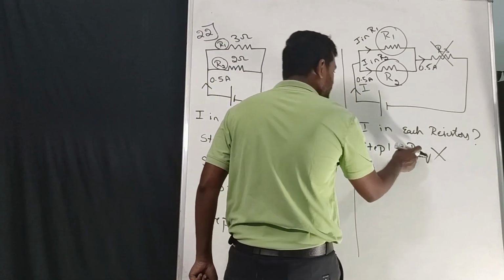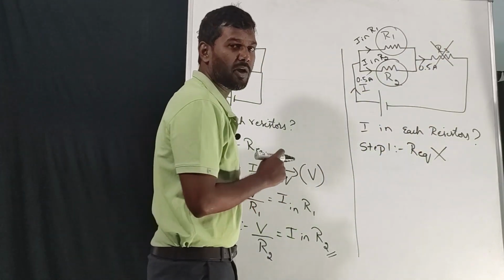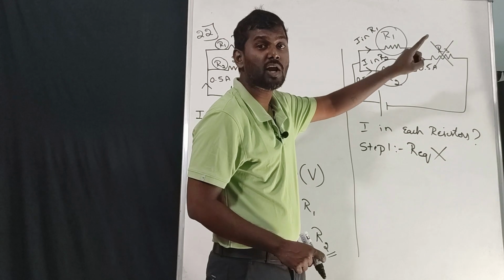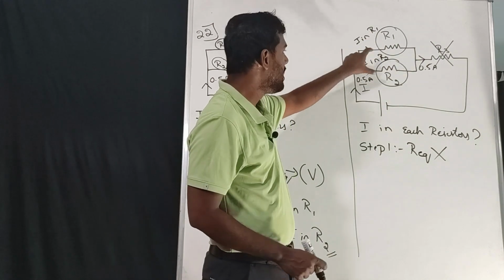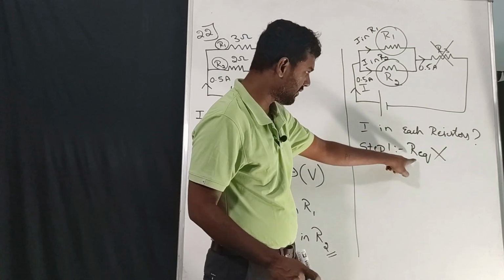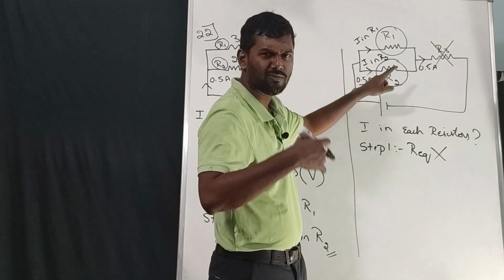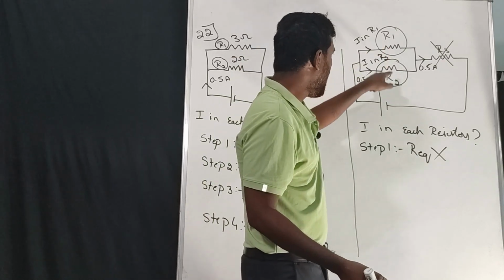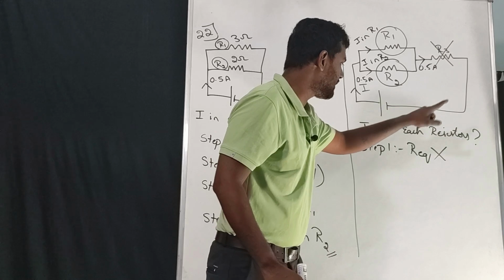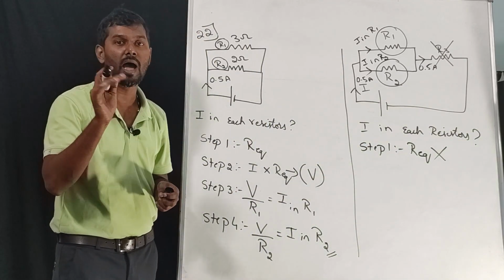You are going to take R equivalent also, but for R equivalent you should not include this R3. Why? Because it is not in parallel with these two, it is in series. You should not include a series connection with the parallel. So if you are finding the current in this one or this one, we take the equivalent resistance including only R1 and R2, whatever values they have given, and follow the same procedure. Never include R3 in any of the steps, then you will get the correct answer.